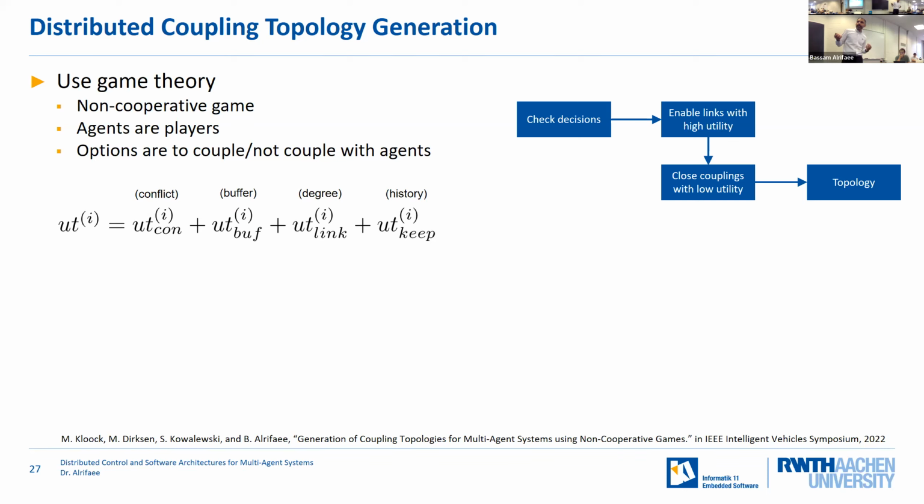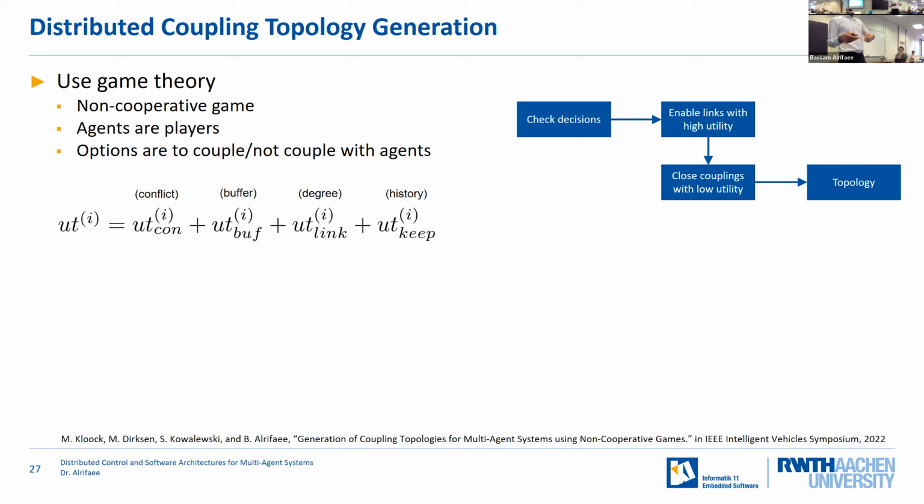It consists of a conflicting path. So if there is a conflict, the utility is high, they should connect, and a buffer. So if we are going to have a conflict in the future, we increase our utility and the degree. So we want to decrease the degree of connections between the agents to reduce the computation time.